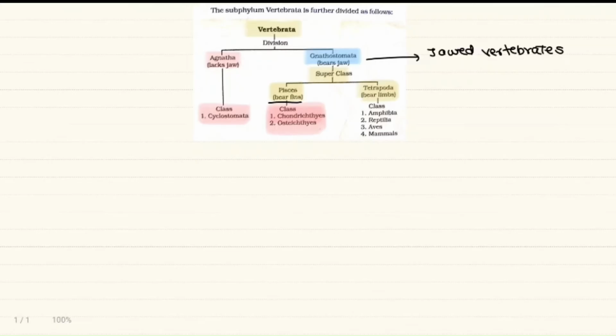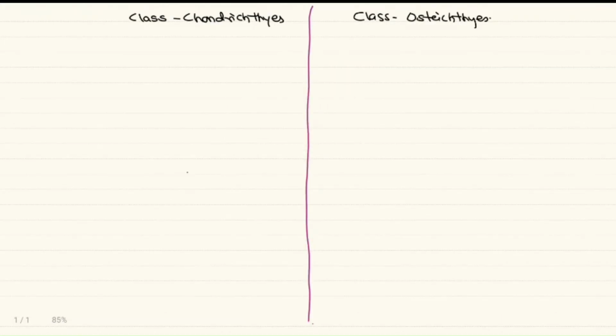So in the fishes, there are two classes now, that is class Chondrichthyes and class Osteichthyes. Let's see them in the form of differences. We'll discuss these classes in the form of differences.